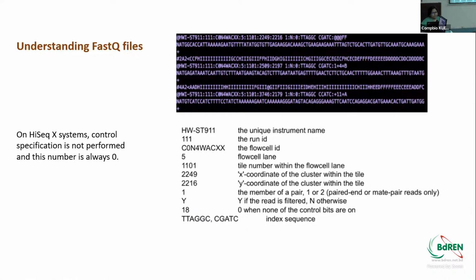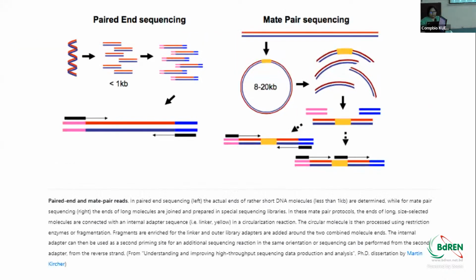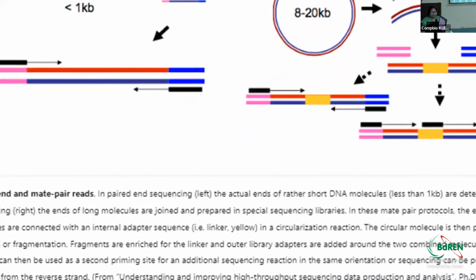So why is it important for us to understand the FASTQ file? Because if we start with a not so good file, then we might get misleading information about the genome. So two things came up here, the paired-end sequencing, right?